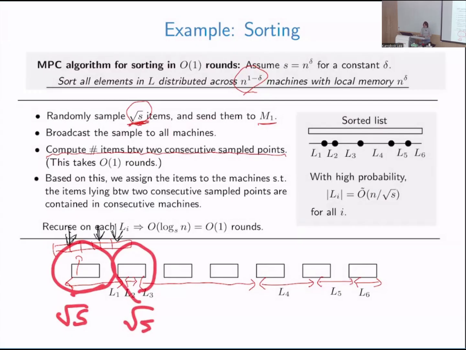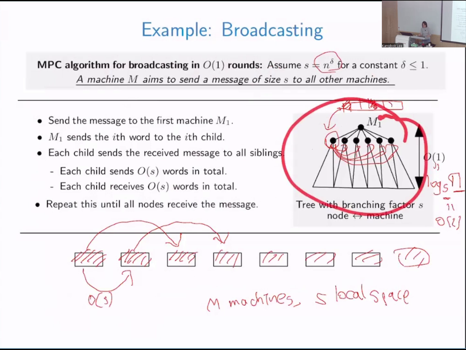Then we can merge those samples in a bottom-up approach. If we merge the samples, we sample again uniformly at random, and we send it to the higher levels and so on. So after the broadcasting algorithm terminates, every machine has S pivots. Yes. Thank you.